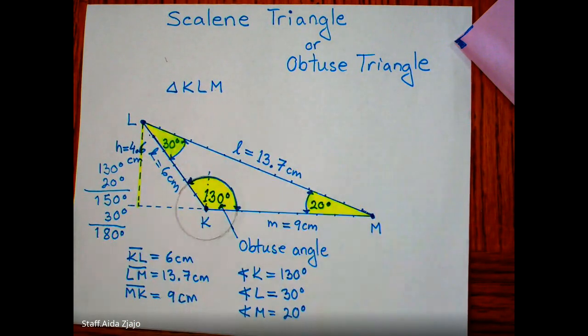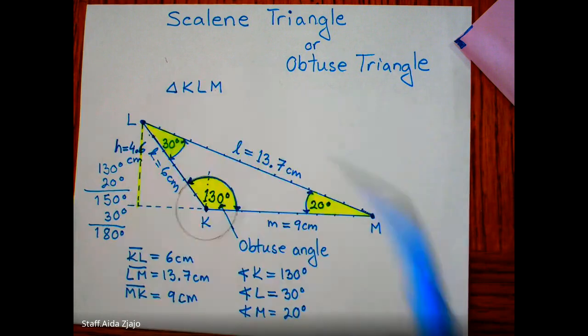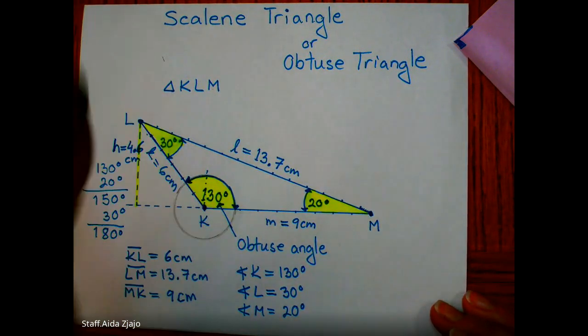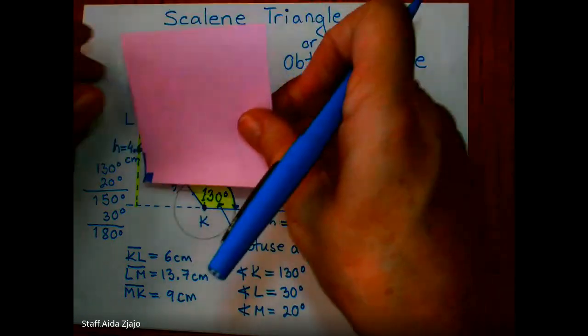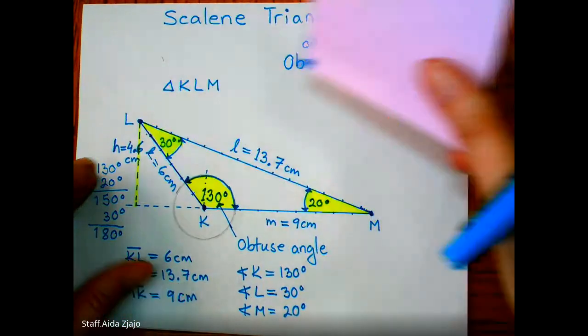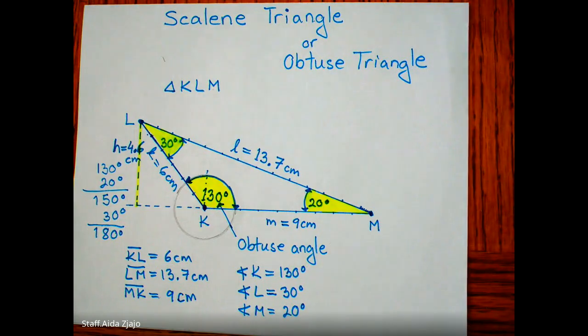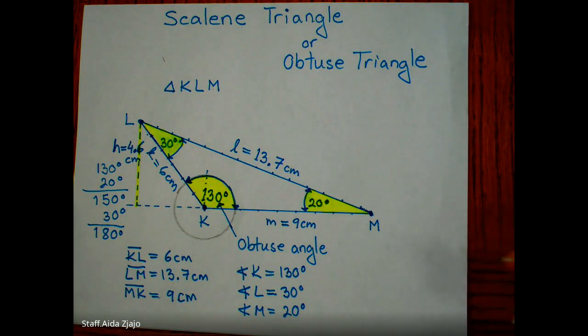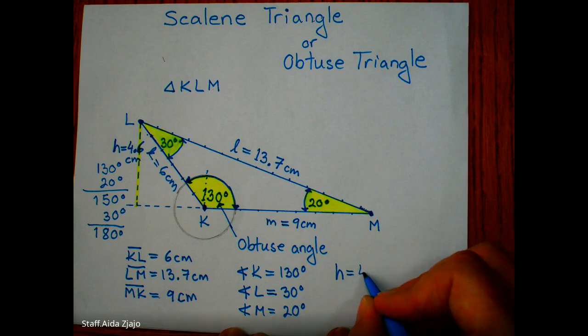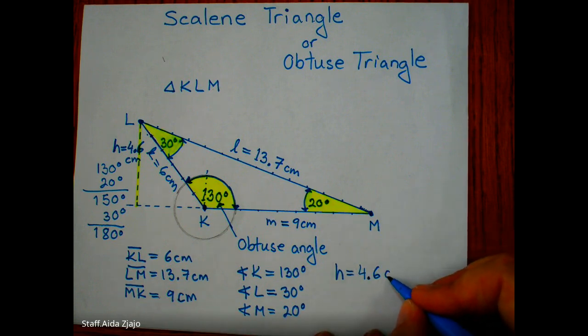So the height can be found by extending the line and finding the perpendicular line towards the opposite point, and that is the height of this triangle. So h equals 4.6 centimeters.